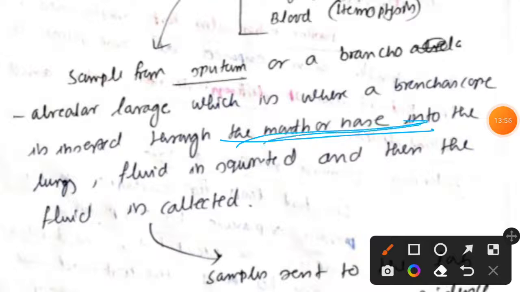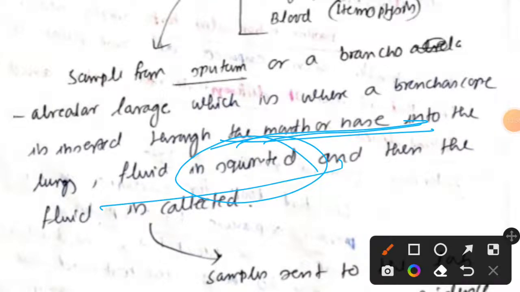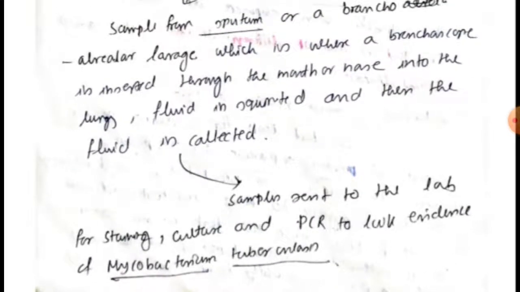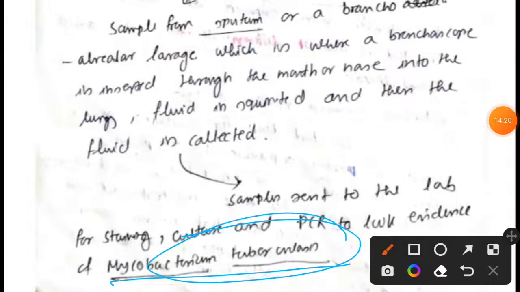Okay, and then you will collect the fluid. Now this fluid sample will be sent to the laboratory for staining, because we can stain Mycobacterium tuberculosis by Ziehl-Neelsen stain. We can culture them, right, and we can also use the PCR technique to look for the evidence of Mycobacterium tuberculosis.